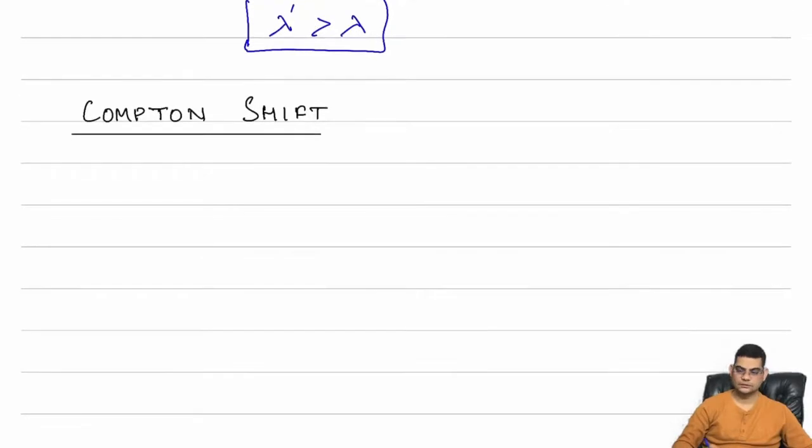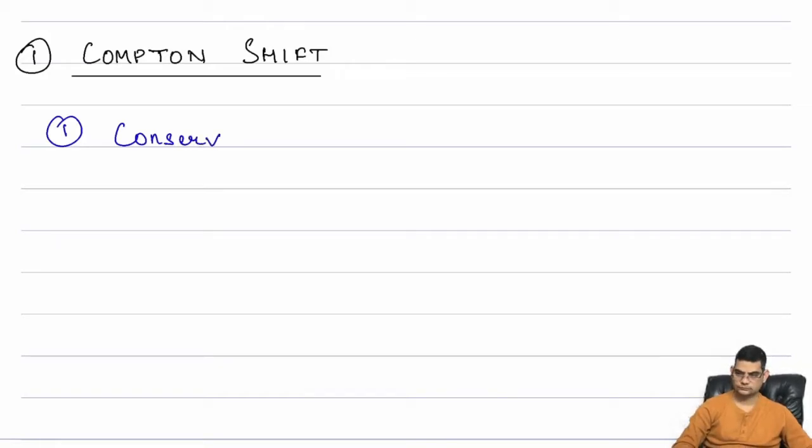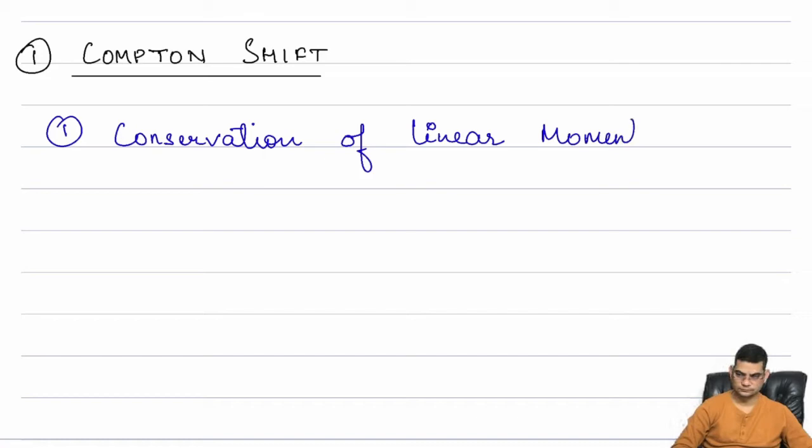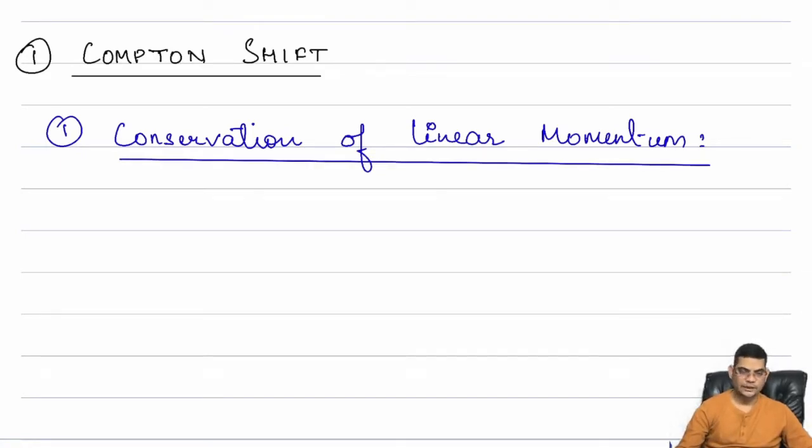The first equation comes from the conservation of linear momentum. Now, initial momentum is equal to final momentum.